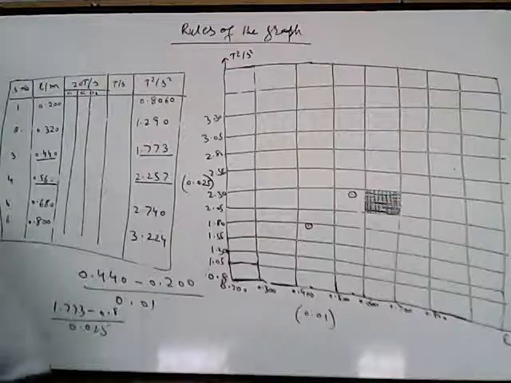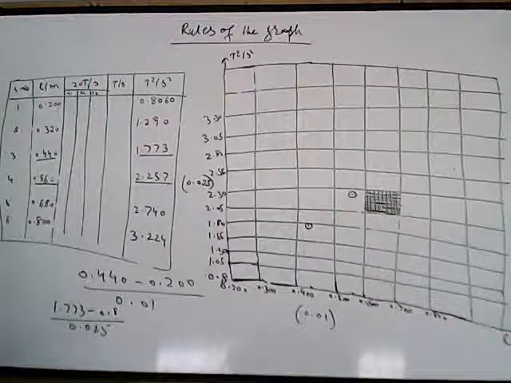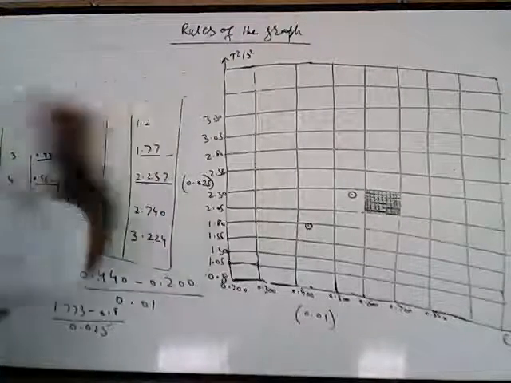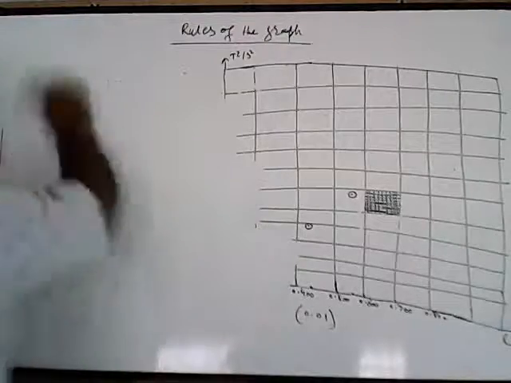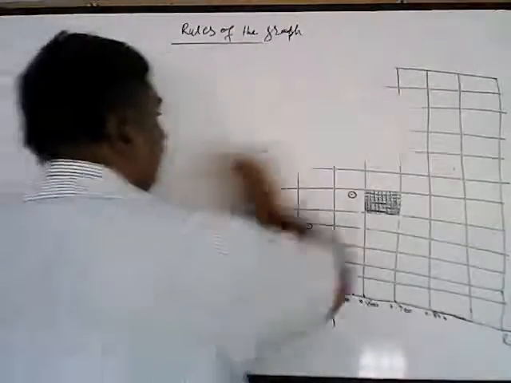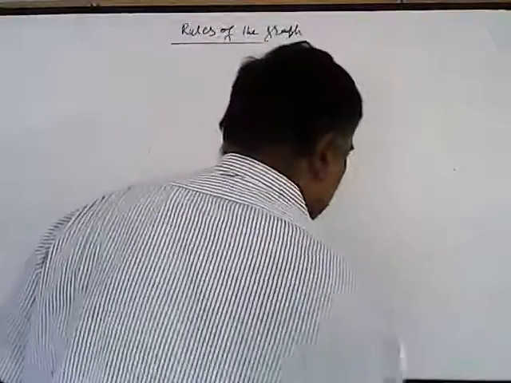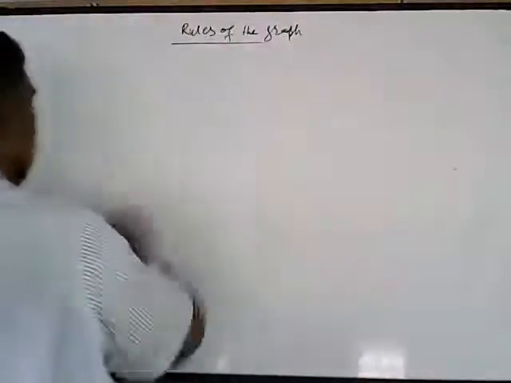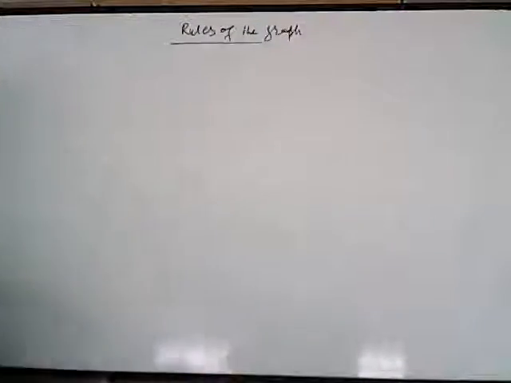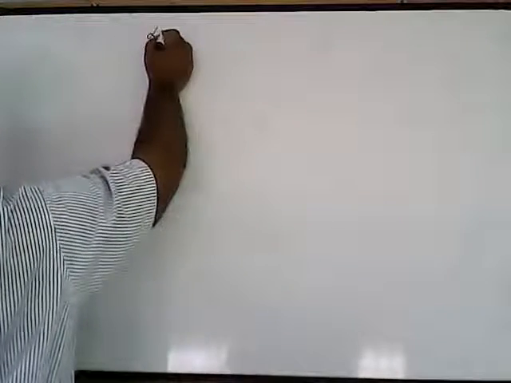Now when the points are plotted, how will we draw the line of best fit? Now comes the line of best fit. How is the line of best fit drawn, and what should its qualities be?